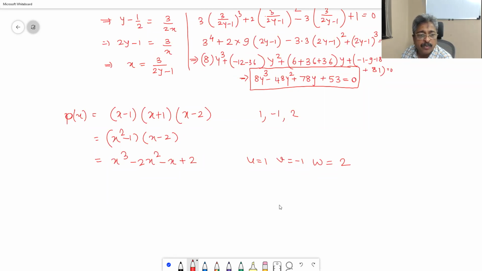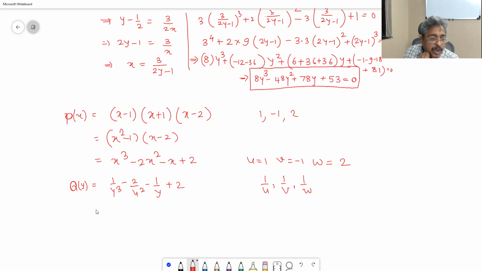Okay, now when we say that the roots of the required polynomial should be 1 upon u, 1 upon v, 1 upon w, we replace x by y and therefore we get q of y as (1 upon y) cube minus 2 upon y square minus 1 upon y plus 2.